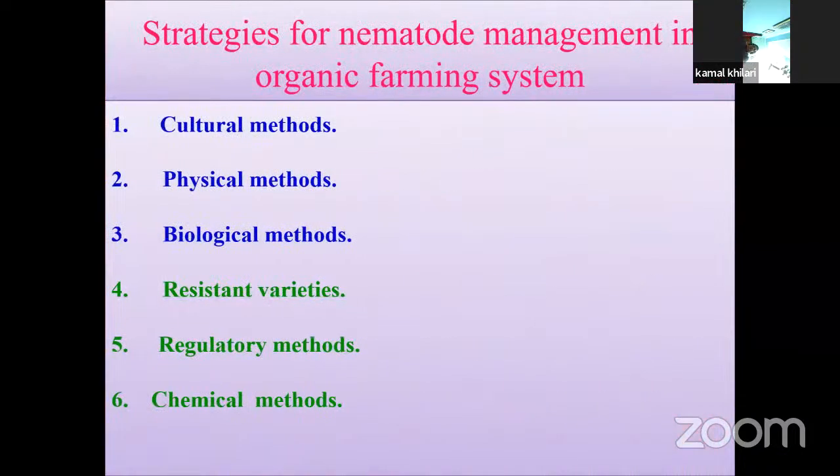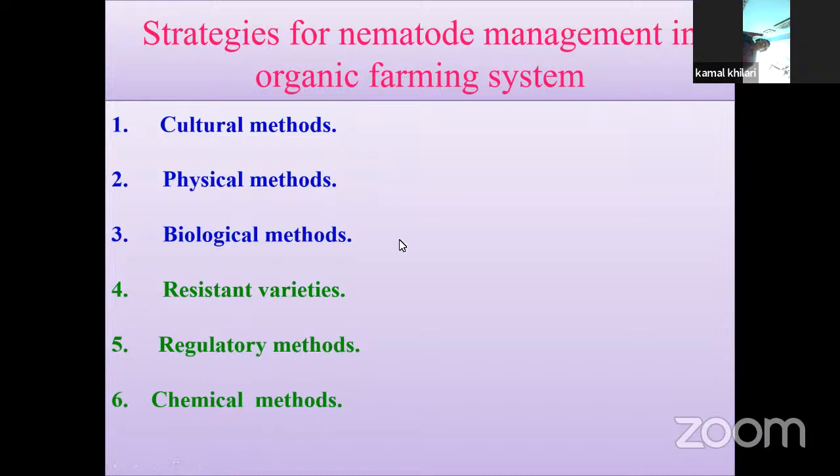Now we'll come to the strategy for the management of nematodes, particularly in organic farming. So there are different strategies for the management of nematodes as in the case of other pests and diseases also. We can follow cultural method, physical method, biological method, resistant variety, regulatory method, and chemical method.